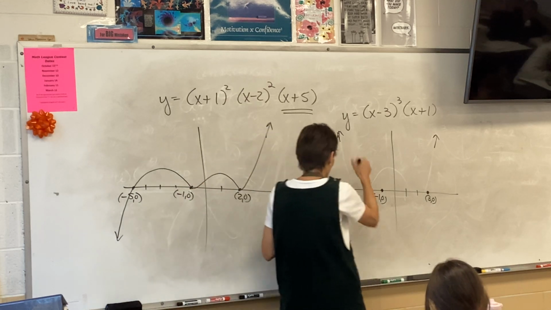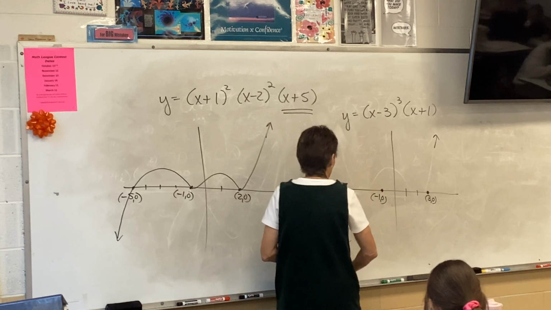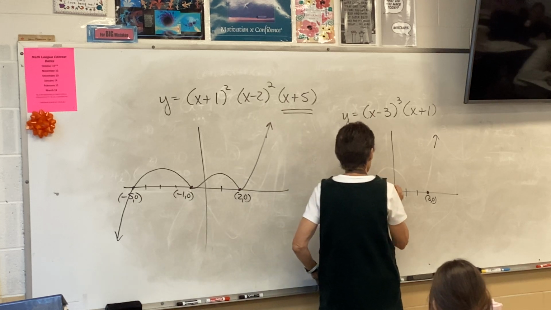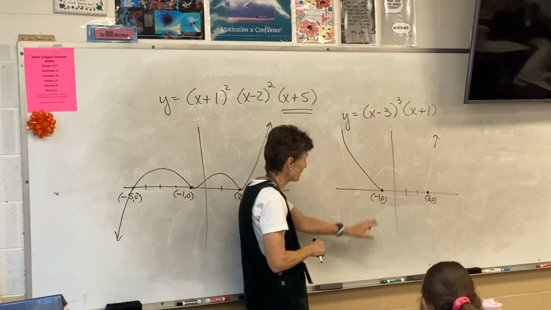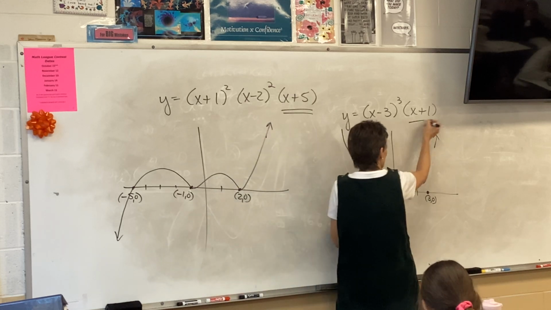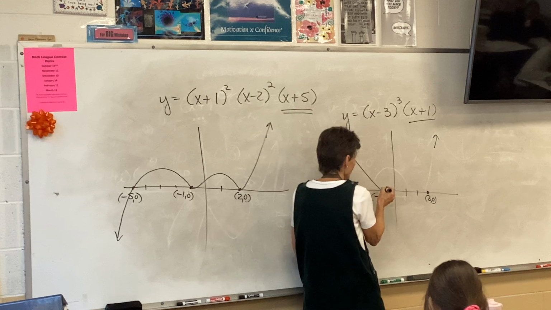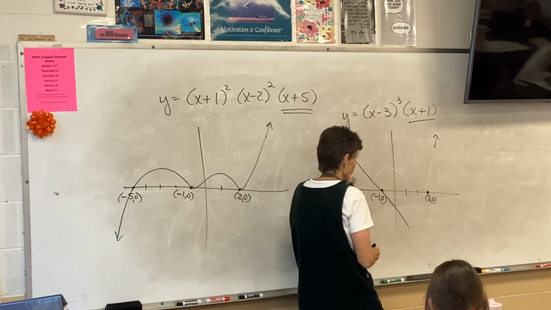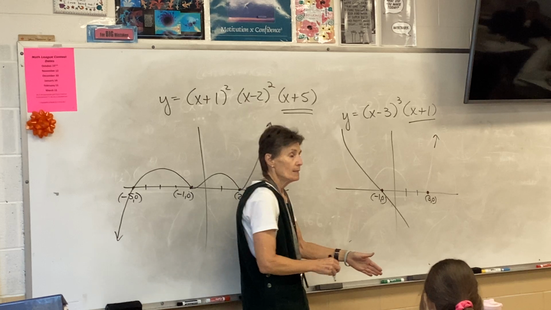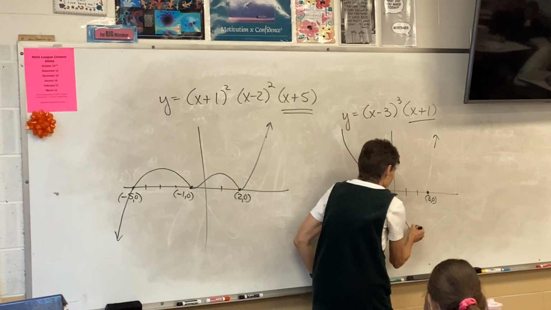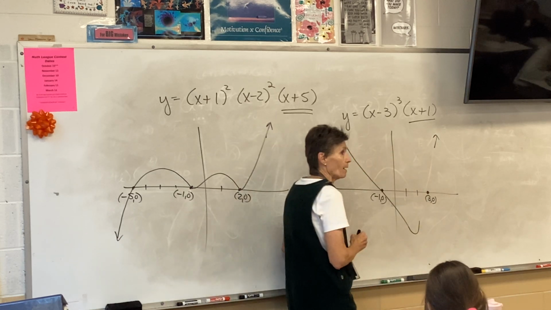So I'm gonna come down, and I'm gonna pick this guy up right here. And what am I gonna do when I hit that point? Now that point came from this factor. So what am I gonna do? Right on through, straight through. At some point though, it's gotta turn around and head back up. Would you agree?